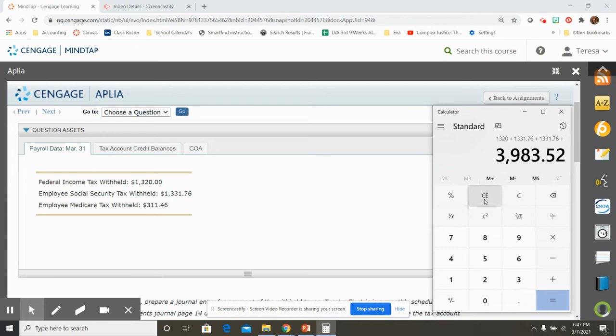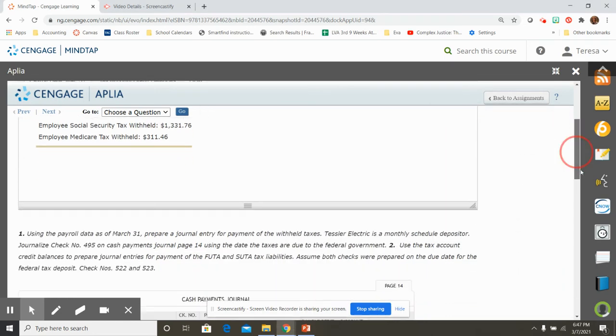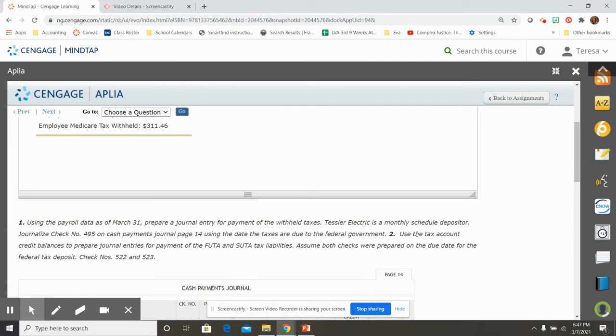I'm just going to put the numbers into my calculator twice. And yes, I got the same thing. Now the next thing is to use the tax account credit balances to prepare journal entries for FUTA and SUTA tax liabilities. So that's going to be in our next tab here.